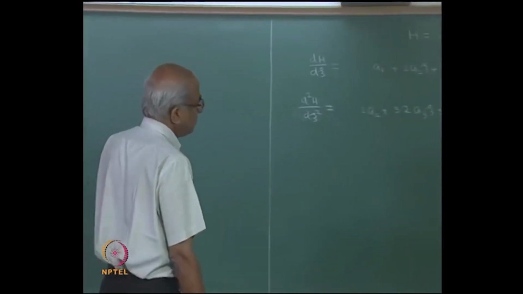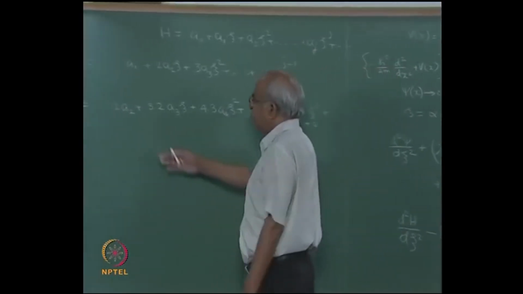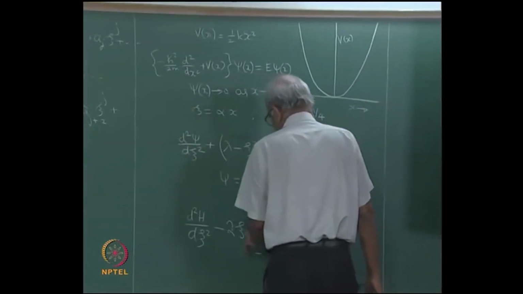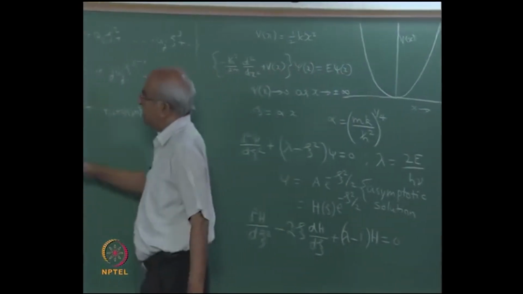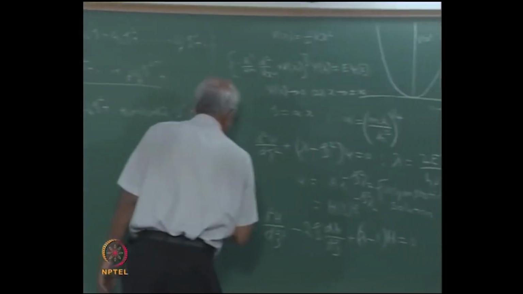And now, if I look at the differential equation, I have d square h by dx square, but I also need minus 2 c times dh by dx. So, that means I shall multiply this by minus 2 c.